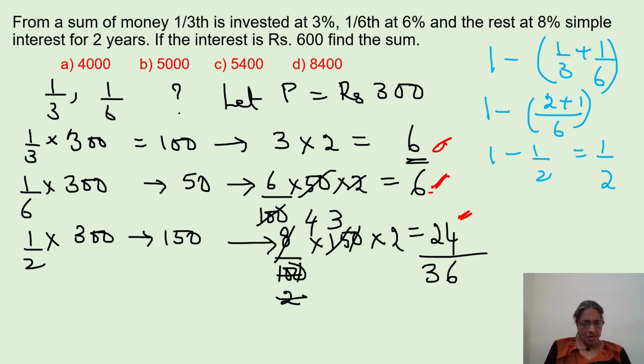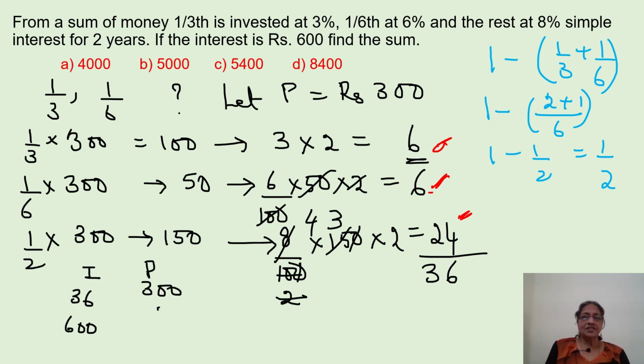Now mind you, this 36 is on a principal of 300, and you are given that the interest is 600. So let's see. If the interest collected is 36 rupees, the principal was 300.